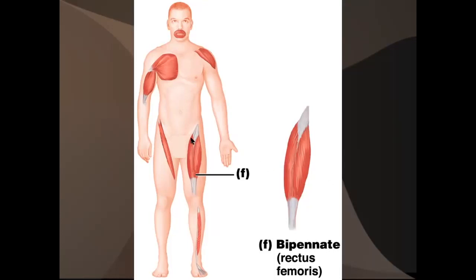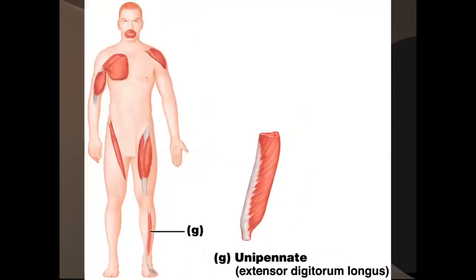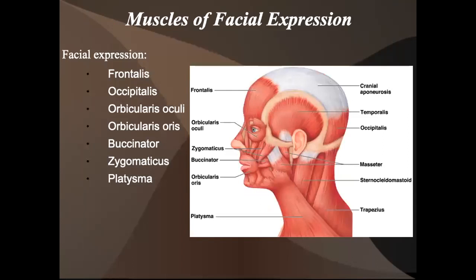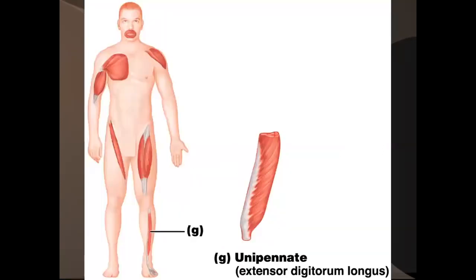The rectus femoris is an example of a bipennate muscle. And a unipennate has just 1 feather. That's in the tibial region. Extensor digitorum longus would extend your toes. It makes your toes move outward. So write those ones down.